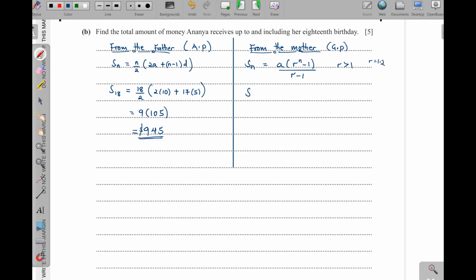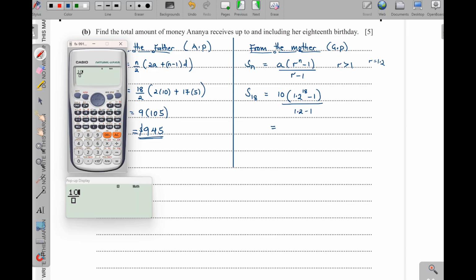Okay, now the sum of the first 18 terms here is going to be our A is 10, R is 1.2, then power 18 minus 1, then out of 1.2 minus 1. Okay, and then what we are going to get here is our A is 10, then we have 1.2 to the power of 18, and then we subtract 1. Now we can close the brackets, and then here 1.2 minus 1 is 0.2.